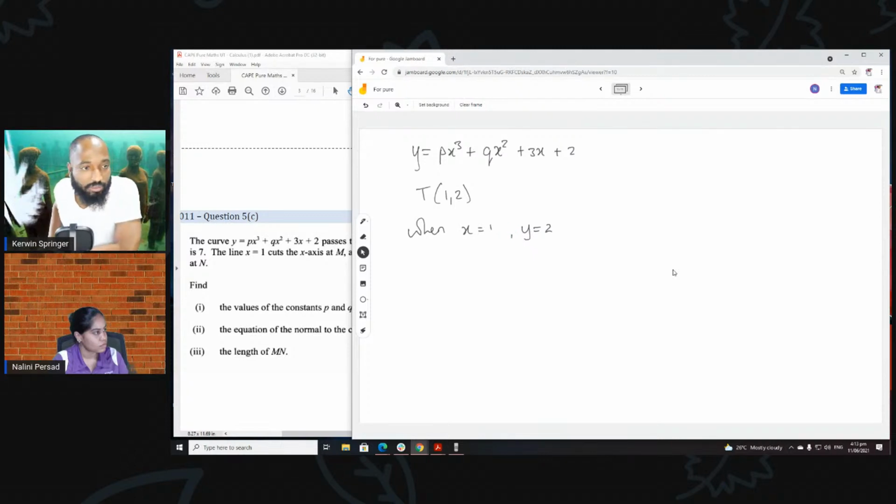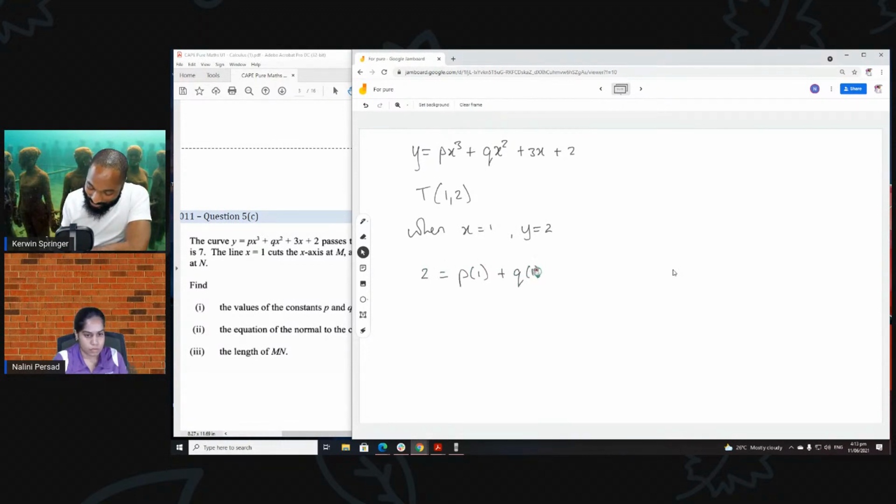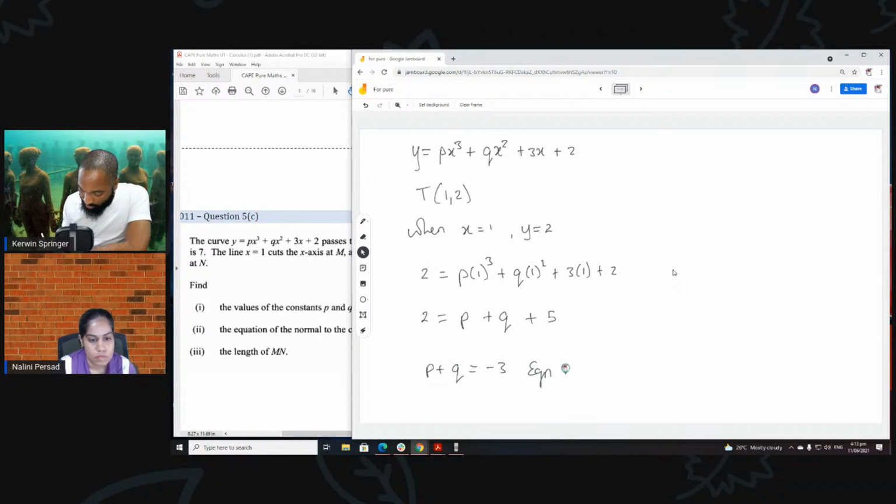So if I do a little substitution here, we'll get 2 is equal to p times 1, and 1 is a really nice number to substitute, plus q plus 3 times 1 plus 2. So I'm getting 2 is equal to p plus q plus 5. So I have p plus q is equal to -3, and I can call that equation 1. That worked out really nice.